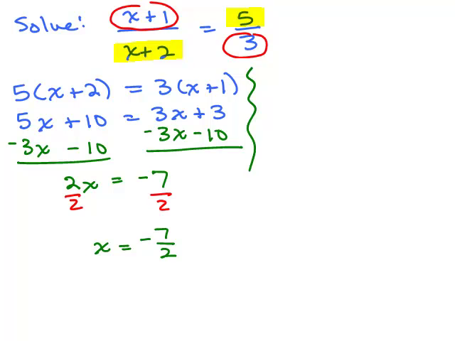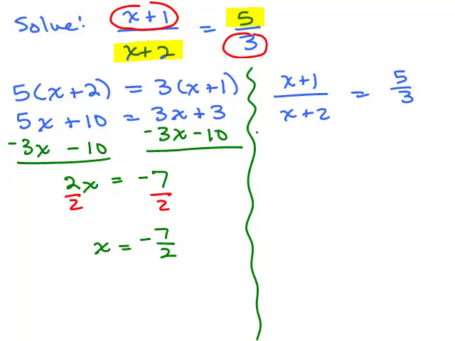So we're going to write down the original problem, x plus 1 over x plus 2 equals 5/3. Now in this case, you know what? It's going to be harder checking this problem than actually solving the original problem. So we're going to put in negative 7/2 for x.